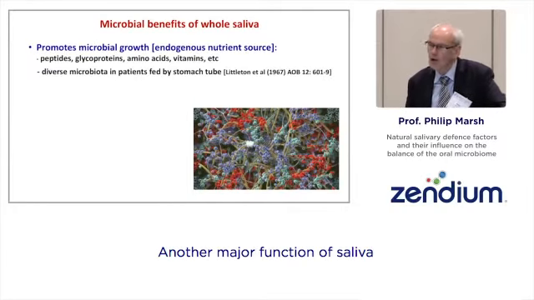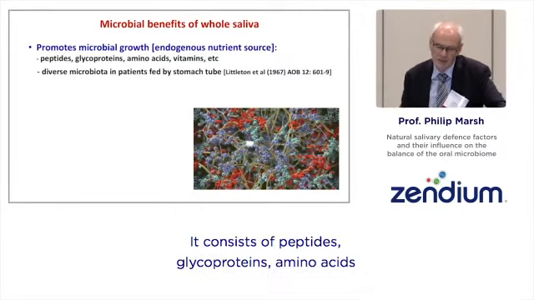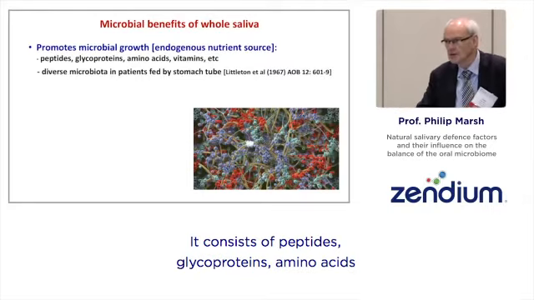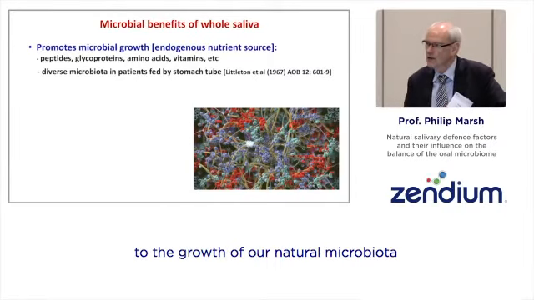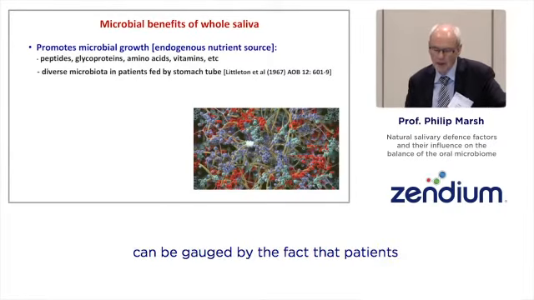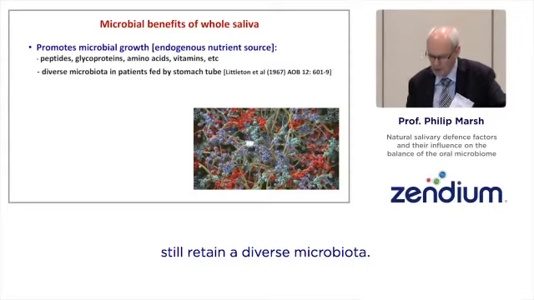Another major function of saliva is that it promotes microbial growth. It consists of peptides, glycoproteins, amino acids, and so on. The importance of these molecules to the growth of our natural microbiota can be gauged by the fact that patients who are fed by stomach tube still retain a diverse microbiota.